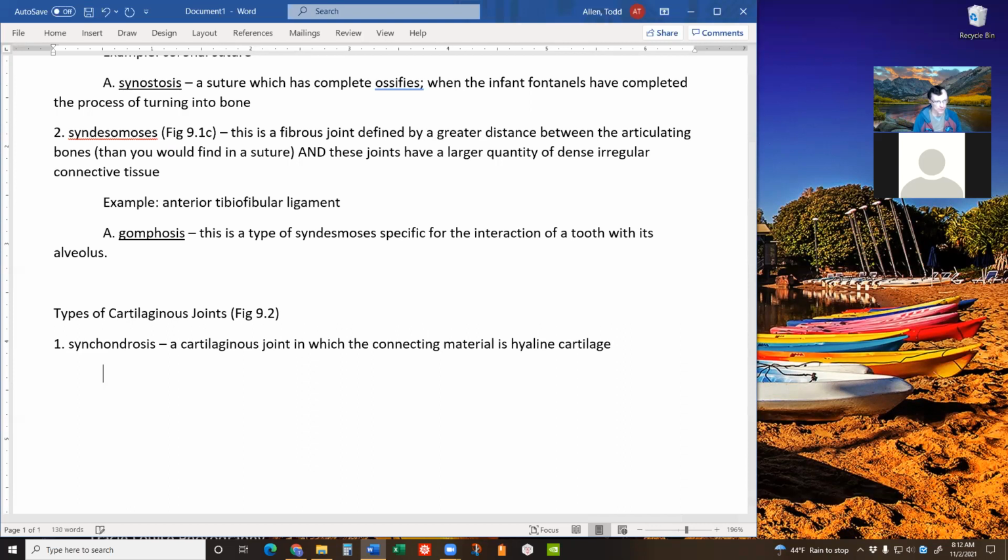Okay. So examples of a synchondrosis would include the epiphyseal growth plate, right? We highlighted the epiphyseal growth plate when we talked about the anatomy of a typical long bone. And remember, we said the epiphyseal growth plate is really kind of more positioned in the metaphyseal region, right? But at any rate, an epiphyseal growth plate, as you see there on figure 9.2 in the center picture, would be an example of a synchondrosis.